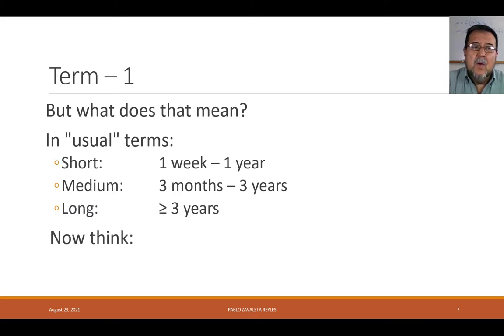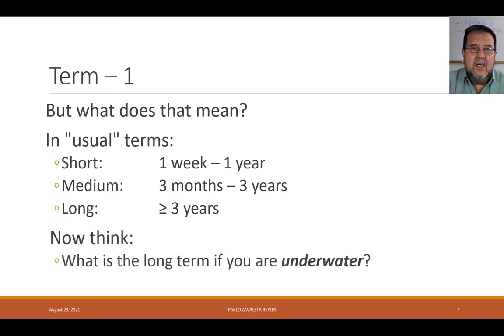Why? What happens if you're underwater? What is your long term? Your long term is going to be measured in minutes because you can't breathe. If you have a very, very strong training, perhaps you're talking about 5 minutes. For the usual and normal person, around 45 seconds to 1 minute is long. 3 minutes, they're drowning.